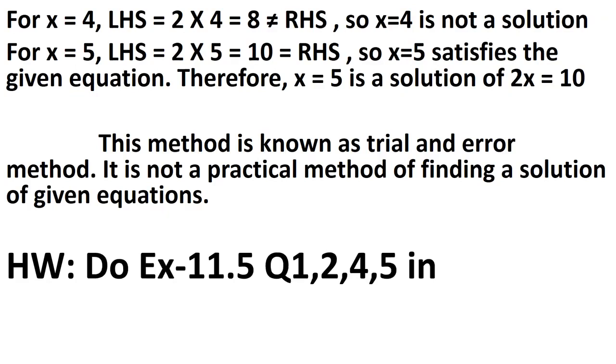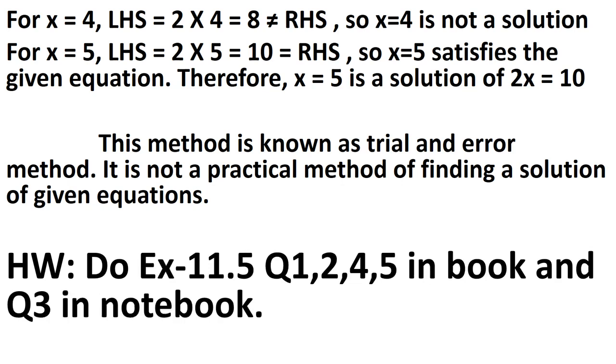Now your homework is to do exercise 11.5, question number 1, 2, 4, 5 in the book and question number 3 in the notebook. Only this small topic was left, that I have covered today. In exercise 11.5 question number 1, you have to tell which of the following are equations. I have told you that an equation is one in which we have an equal sign and a variable also.